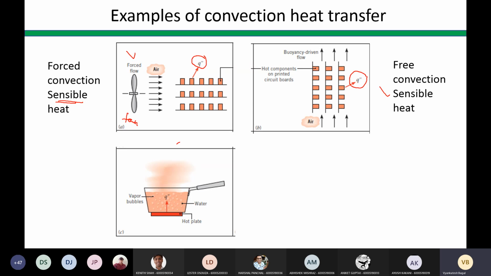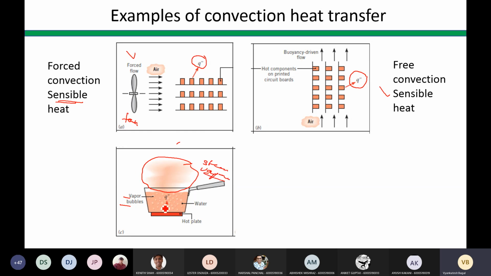Now the third example. What you see on the screen is a pan kept on a hot plate. The heat is supplied through this hot plate to the water inside the pan, and now this water is boiling. You see small droplets, which are nothing but vapor bubbles, and in this zone you see steam or vapor.